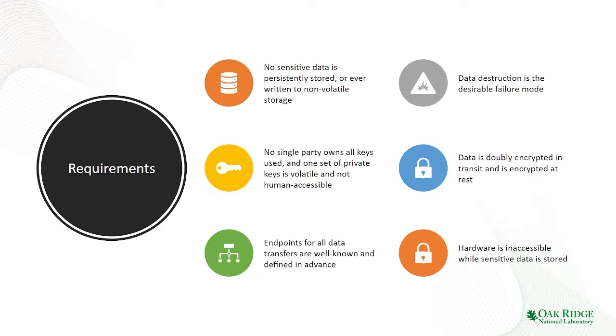Endpoints for all the transfers are well known and defined in advance. We can do that because we know Maryland's public health office has this IP address, and that's the only IP address we'll accept from them. California has this. Houston, which has its own, has this, etc. And finally, the hardware should be inaccessible while sensitive data is stored. And we'll see how we achieve that.